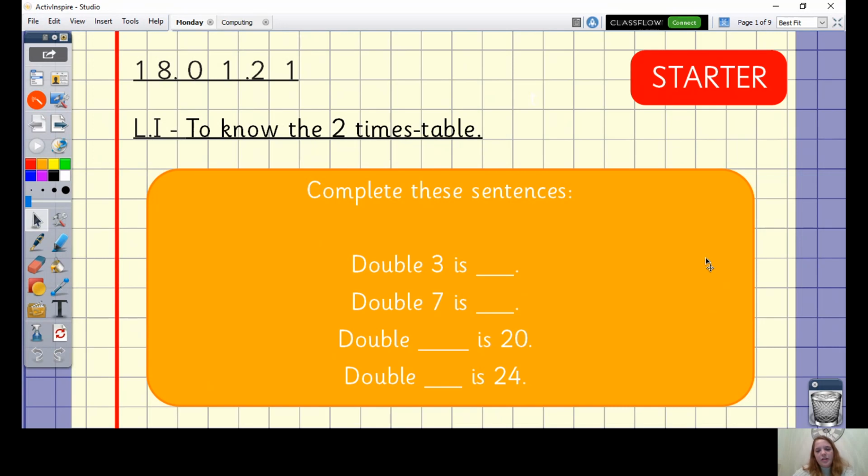Now these ones are a little bit more tricky because you've been given what the answer is, but not what you found double of. So double something is 20, double something is 24. Hopefully you'll be able to spend some time solving those. We'll go through the answers in a moment.